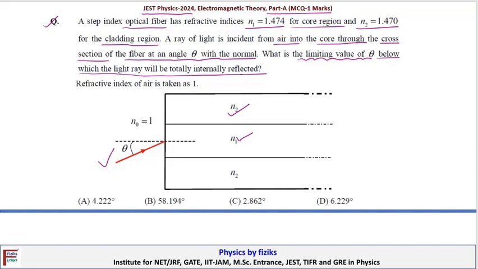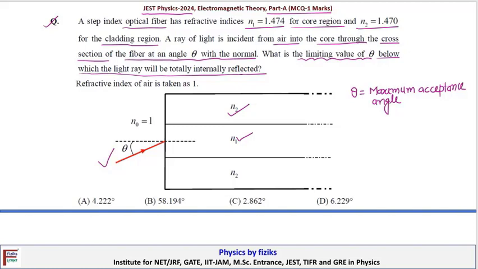So it means this angle theta is the maximum acceptance angle. We call this limiting value the maximum acceptance angle.